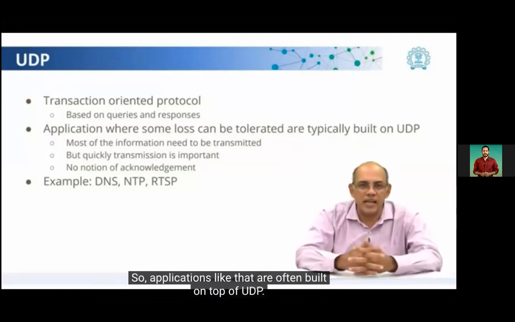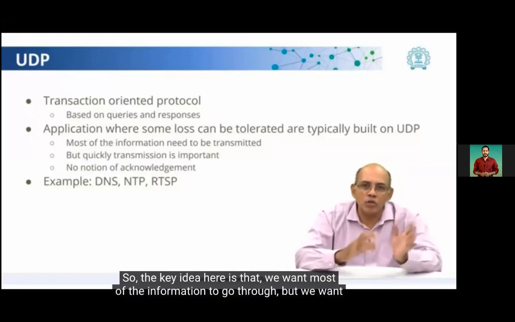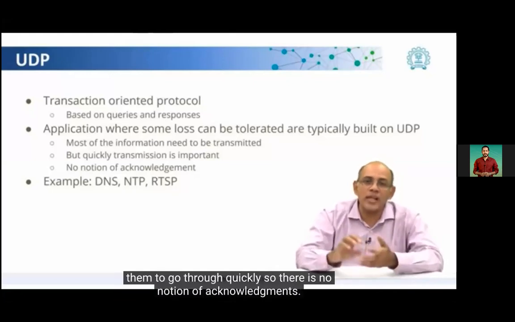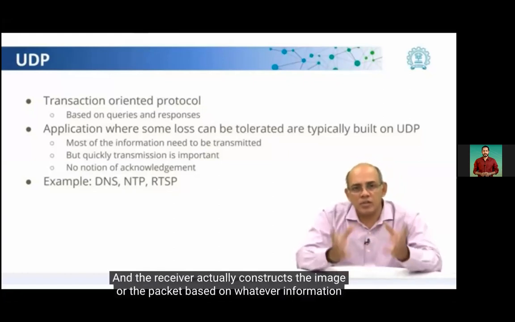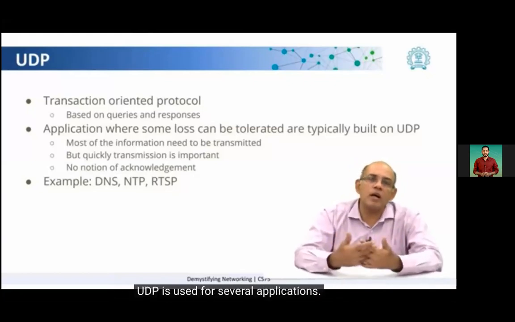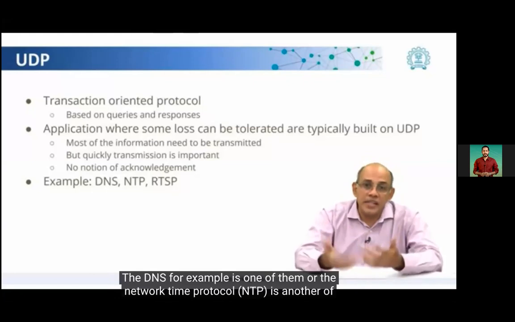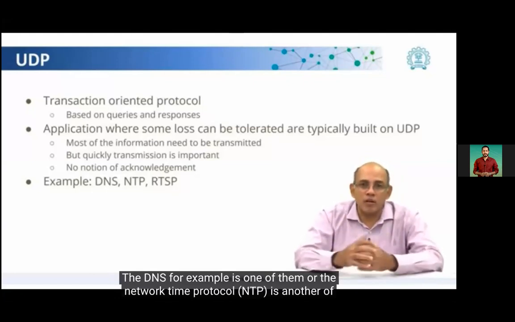So applications like that are often built on top of UDP. So the key idea here is that we want most of the information to go through, but we want them to go through quickly, so there is no notion of acknowledgements. And the receiver actually constructs the image or the packet based on whatever information is available. UDP is used for several applications. The DNS, for example, is one of them, or the network time protocol is another of them.